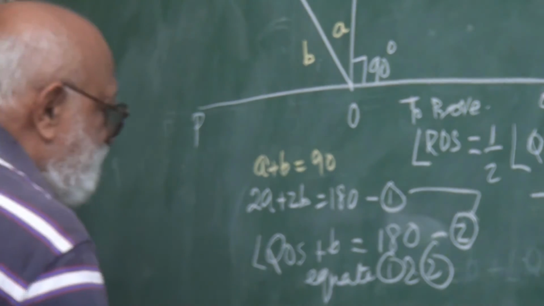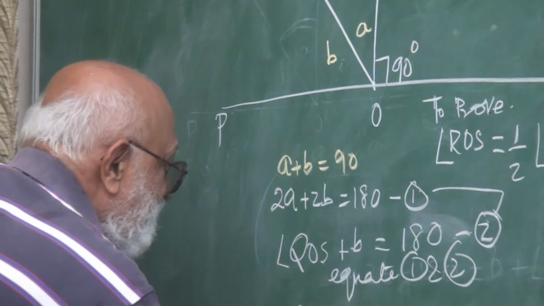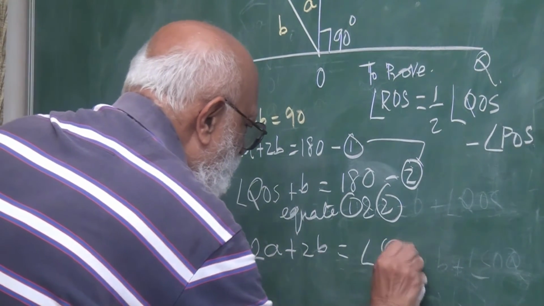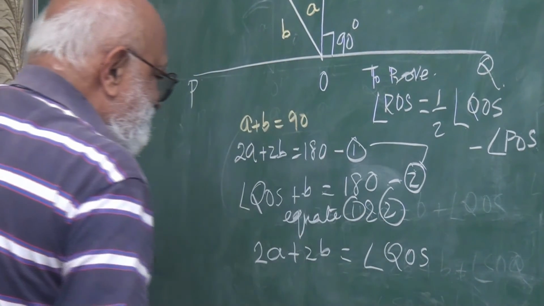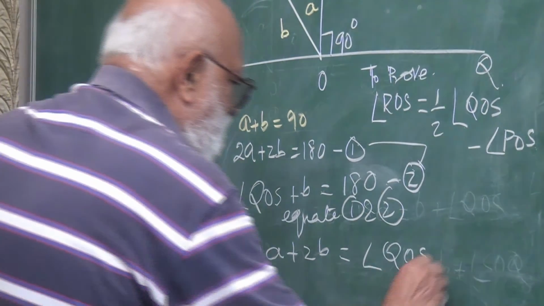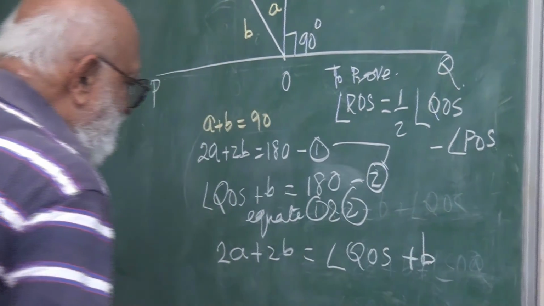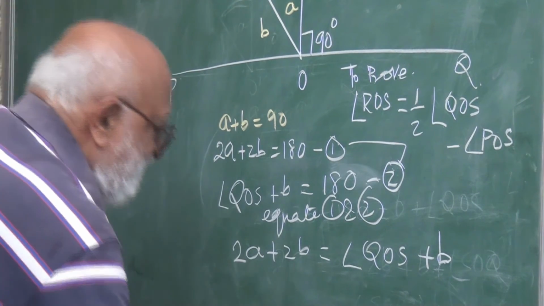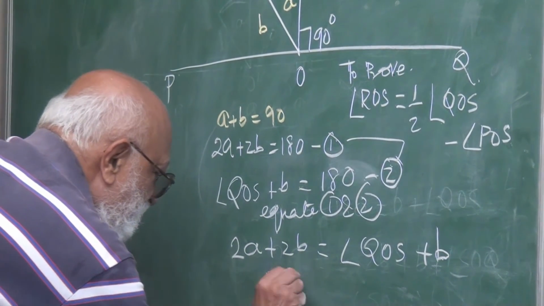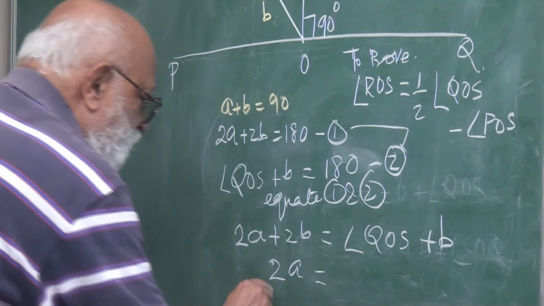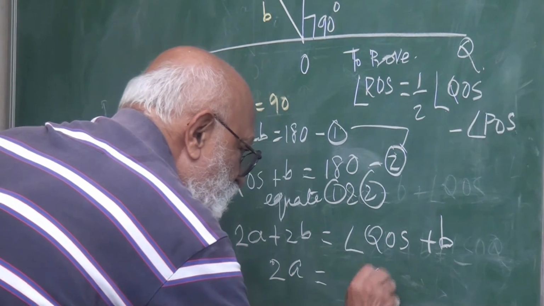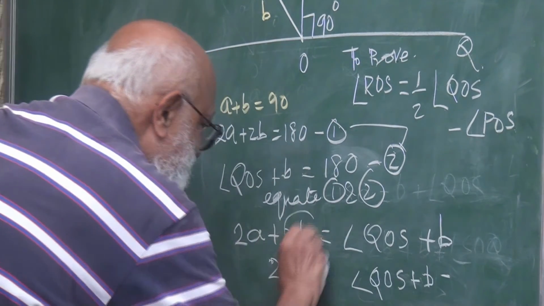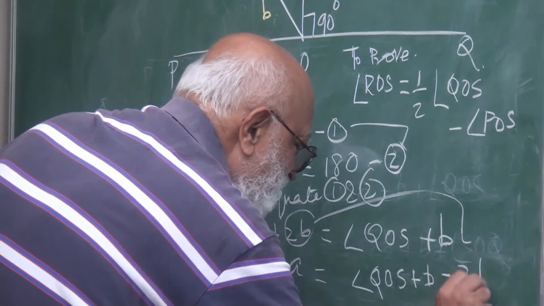If we equate 1 and 2, then we have 2A plus 2B is equal to angle QOS plus angle B, because I don't want to write that 90 thing, so I am continuing with QOS plus angle B, right? I can eliminate this if I remove 1B from here, so it will be 2A is equal to QOS plus B minus 2B.